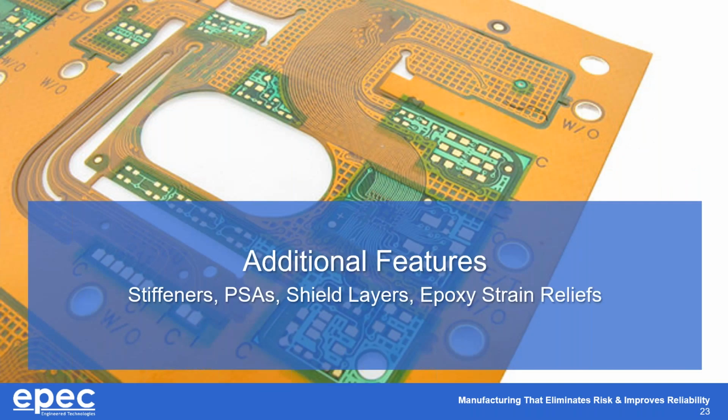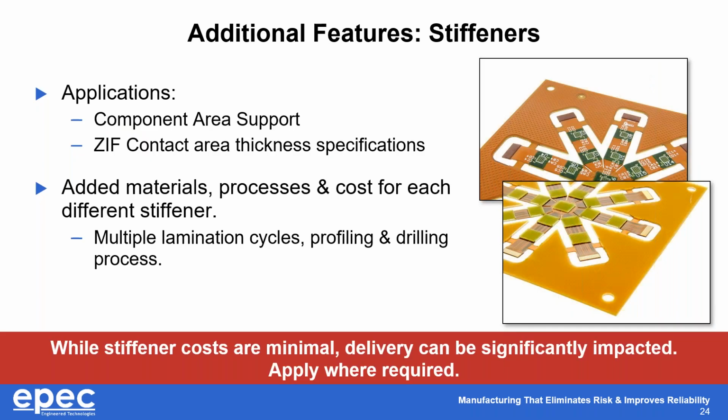So moving on to some of the additional features that you encounter in flex and rigid flex. The most common one are stiffeners. The application of a stiffener is to support a component area so that you don't have the opportunity to bend the flex adjacent to the components and potentially compromise solder joints.